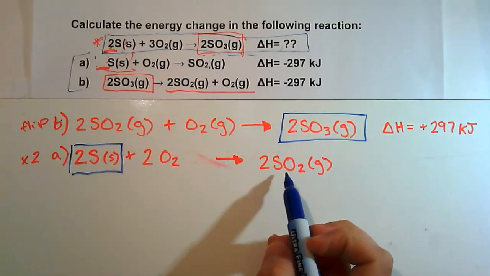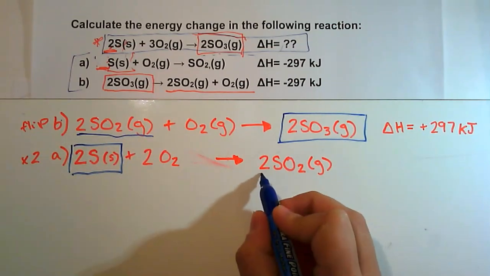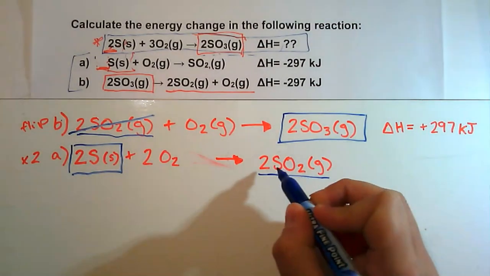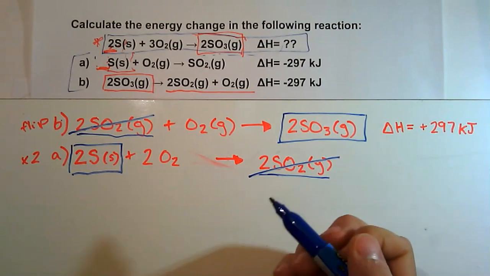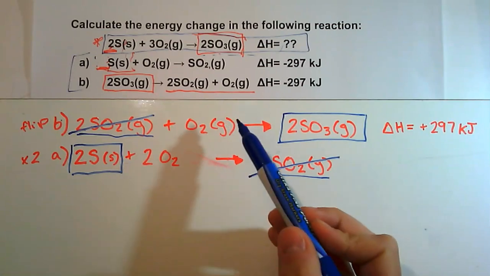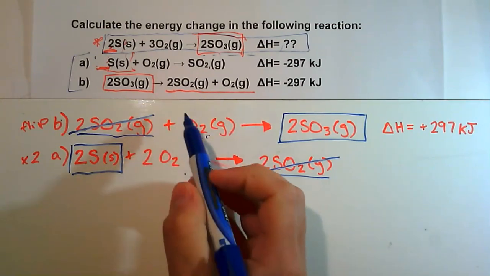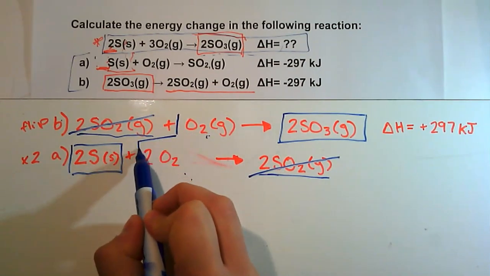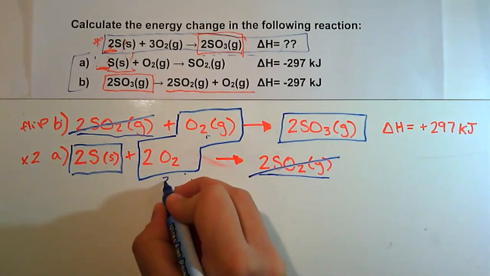But lucky for me, I have 2 SO2s on the reactant side, and then I have 2 SO2s on the product side. So those are going to cancel out. And then all that's left is these O2s, but because they're both on the reactant side, rather than canceling out, they're going to add together. So I can combine this one O2 with these two O2s, which will give me a total of 3 O2s in my final reaction.